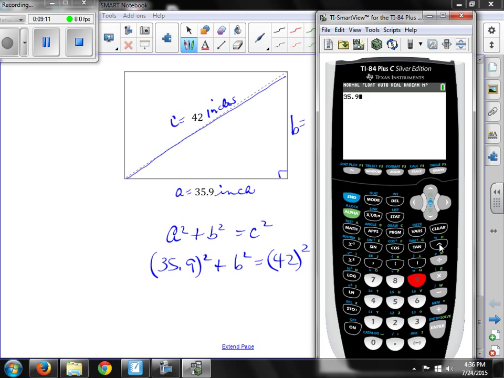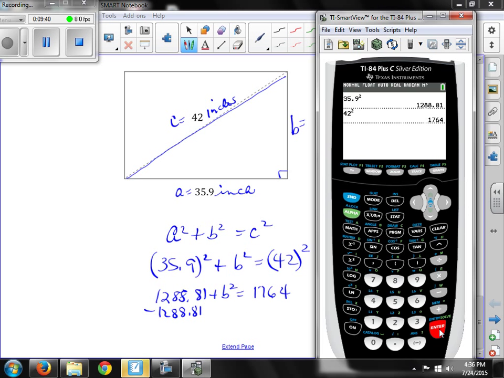I'm going to square that. 1288.81. 1288.81 plus B squared is equal to, and then I'm going to have 42 squared. 1764. So I'm going to have to subtract the 1288.81 from both sides.